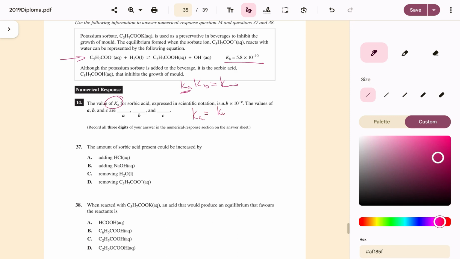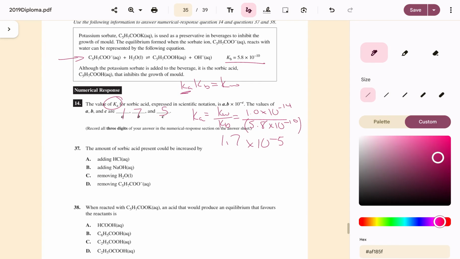So we'll have Kw divided by Kb, so 1.0 times 10 to the negative 14, and if you don't remember this value, it's in your data booklet on page 89, and we're going to divide that by 5.8 times 10 to the negative 10. Once we've done that, just make sure you're keeping your denominator in brackets when you're dividing. You'll get 1.7 times 10 to the negative 5. And to fill this in, it'd be 1, 7, and 5.